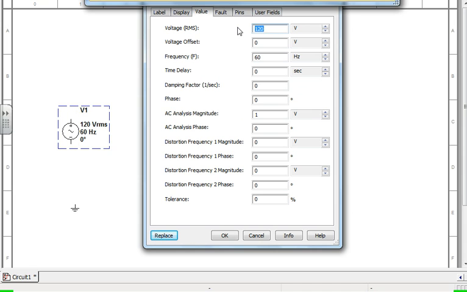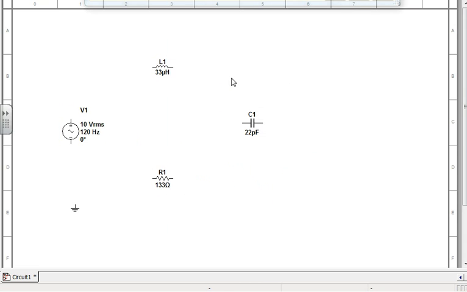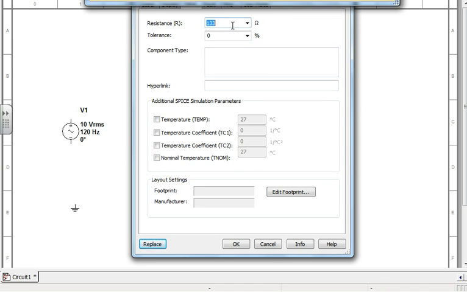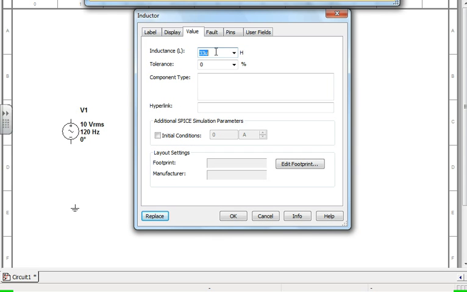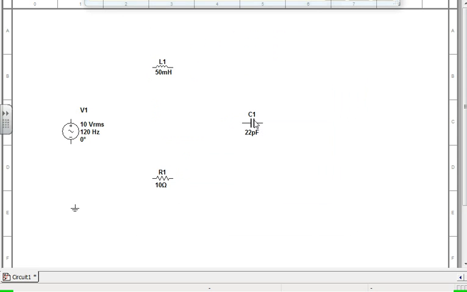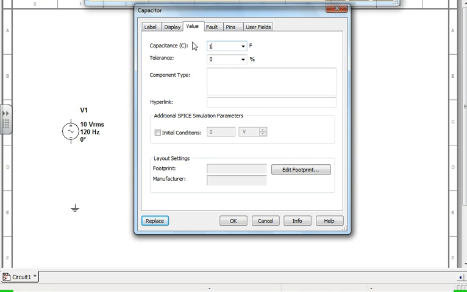I have 10 volts, 120 hertz, 10 ohms, 50 millihenry, and 100 micro. Can't get the Greek letter in, so.